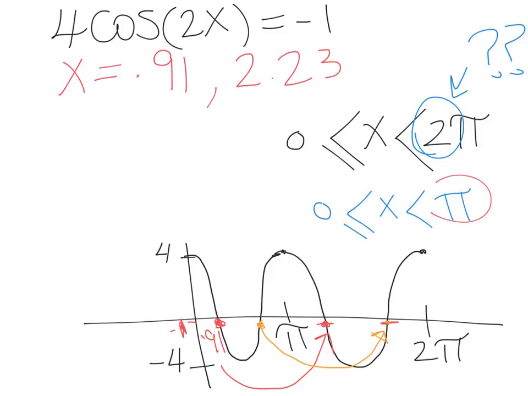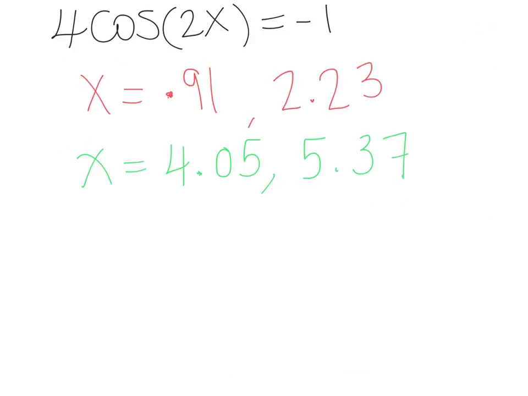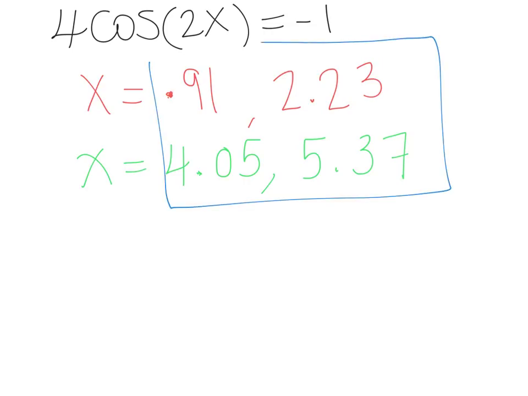So I just add pi to my answers because the graph repeats every pi. If I add 3.14 to each of those answers, I'll find that x equals 0.91 and 2.23 for the first cycle, and 4.05 and 5.37 for the second cycle. So I do have 4 answers between 0 and 2 pi, or 0 and 6.28.